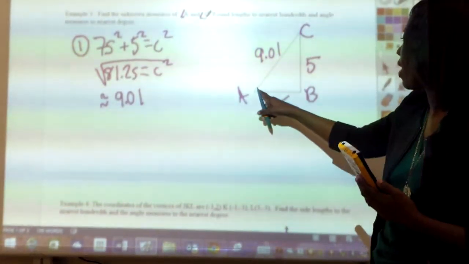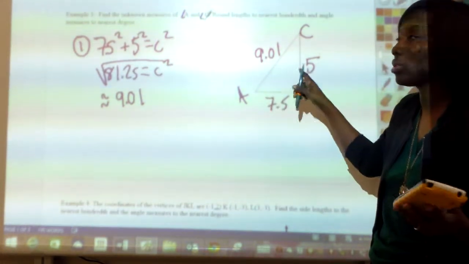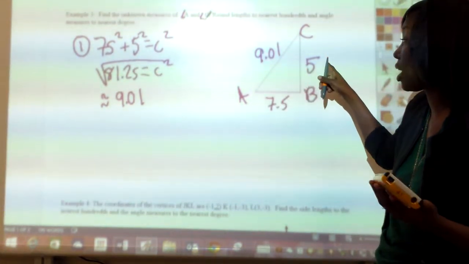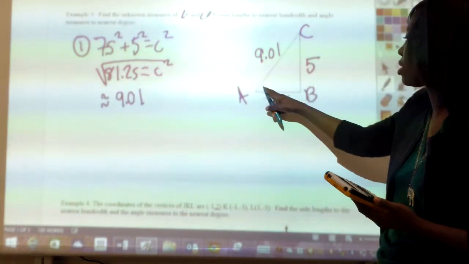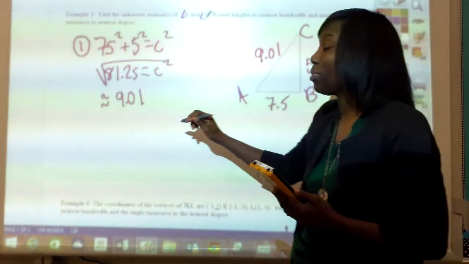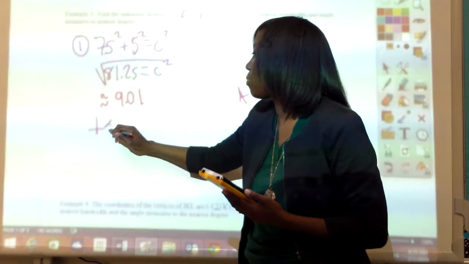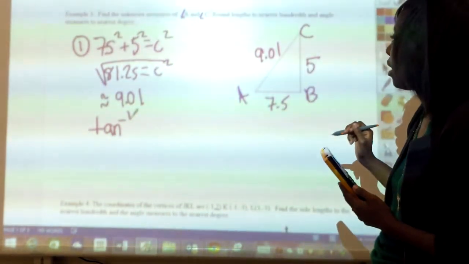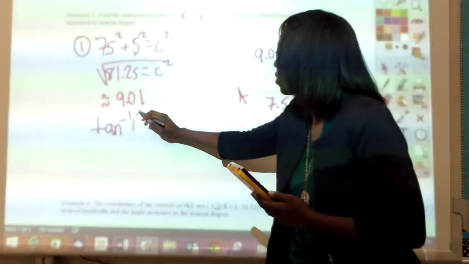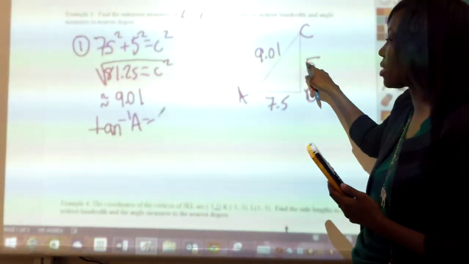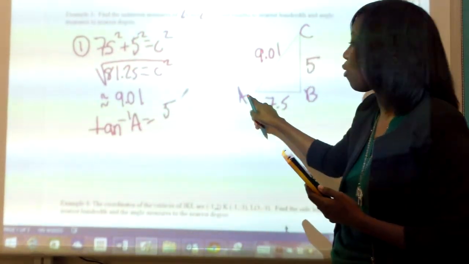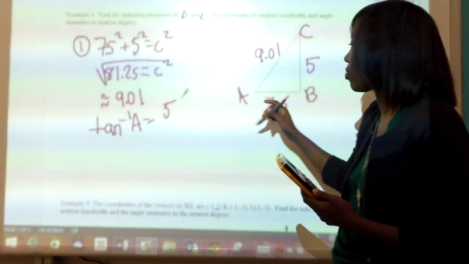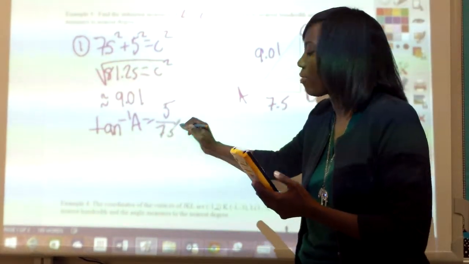Then remember, we're trying to find the measurements of angle A and angle C. So if we found angle A, you can use several things. You can use tan, which is opposite over adjacent. Remember, we don't know the angle measurement, so it would be tan inverse of A is equal to the opposite, which is 5, over the adjacent side, which is right next to it, over 7.5.